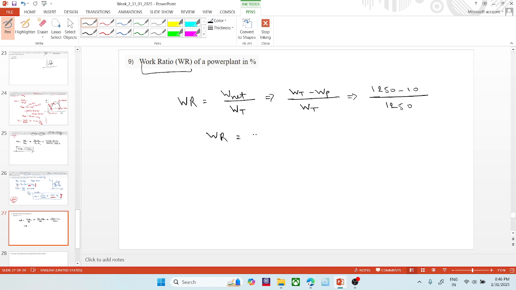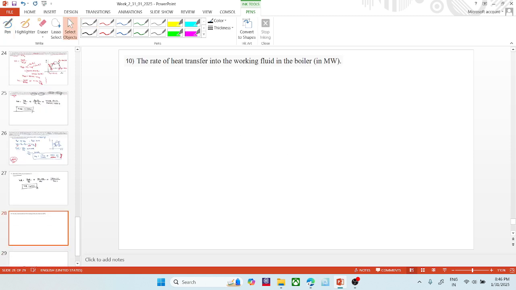This value will come around 0.992. So here we can see that the work ratio is almost unity. The pump work is very less. So this would be the answer for problem 9.